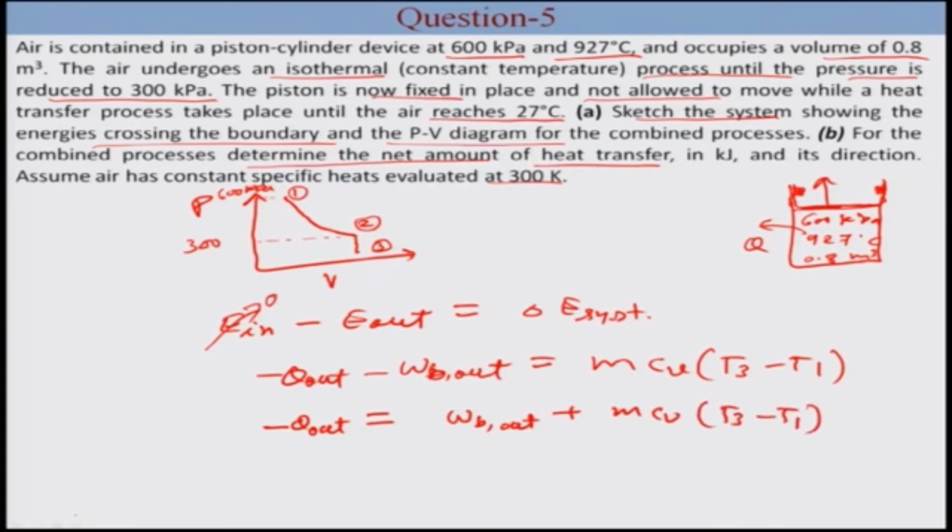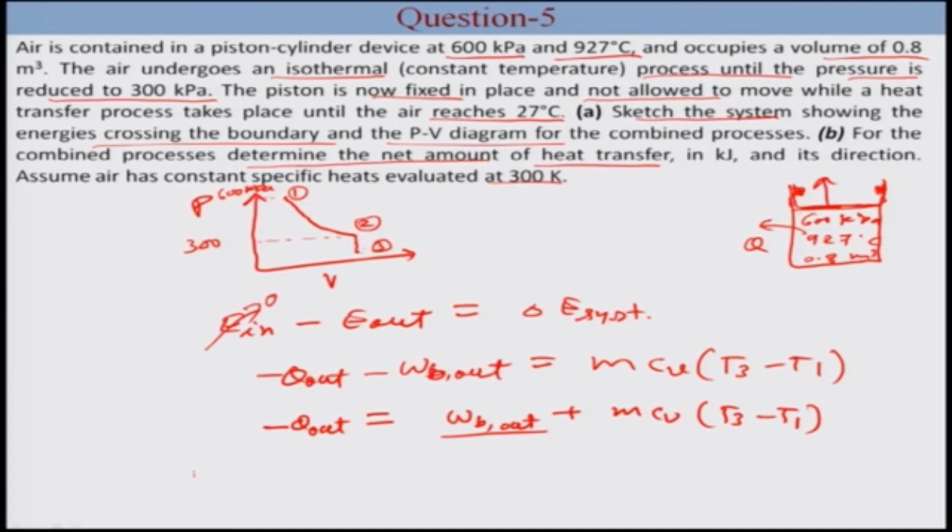So we know this is the total work done by the system. Since process undergoes an isothermal expansion from the state 1 to state 2, and then it goes through an isochoric process from the state 2 to 3.